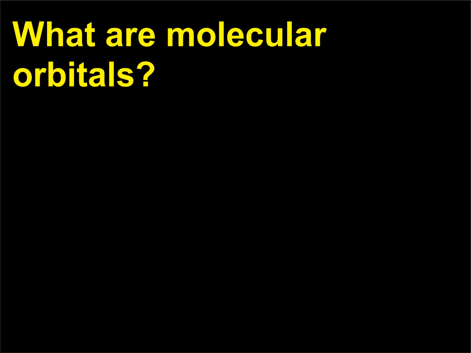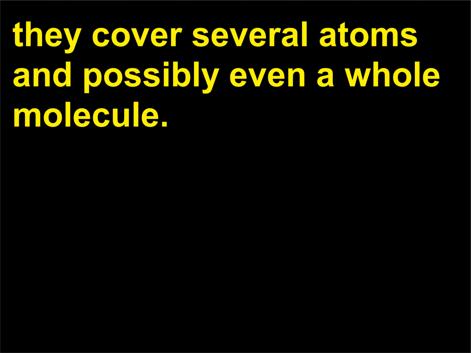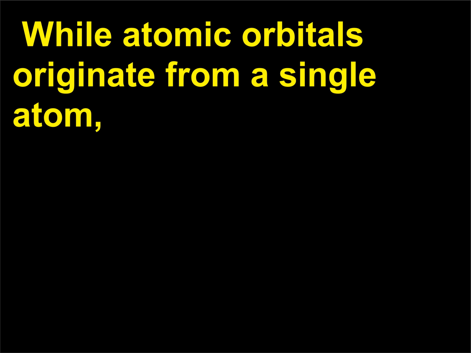What are molecular orbitals? Molecular orbitals are different from atomic orbitals in that they cover several atoms and possibly even a whole molecule, while atomic orbitals originate from a single atom.